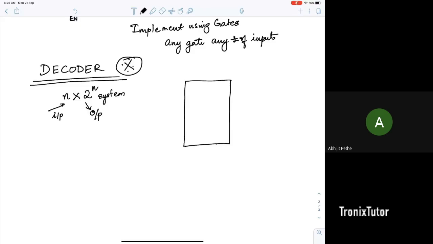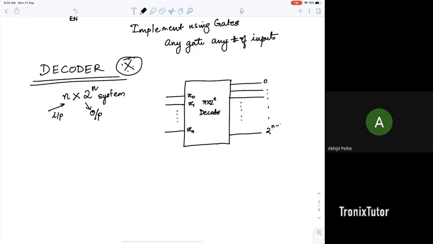If I number the outputs, they go from 0 to 2 power n minus 1. You'll see people sometimes quote things like a 3 cross 8 decoder or a 4 cross 16 decoder.